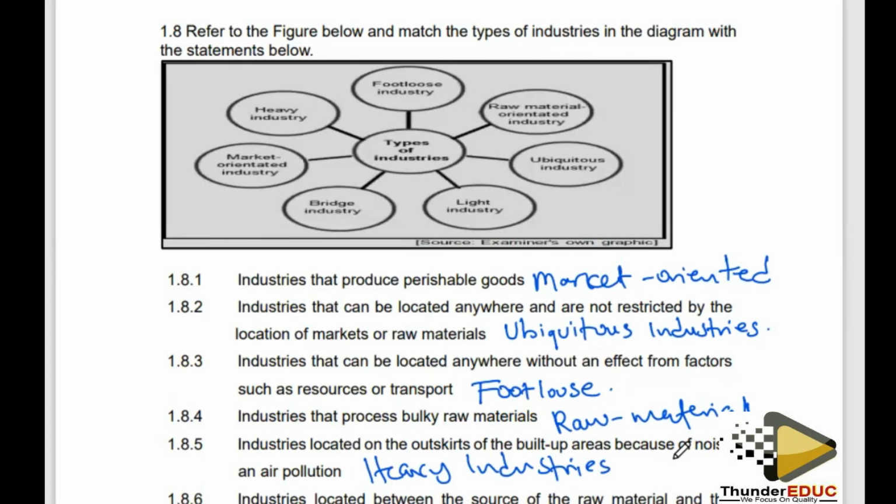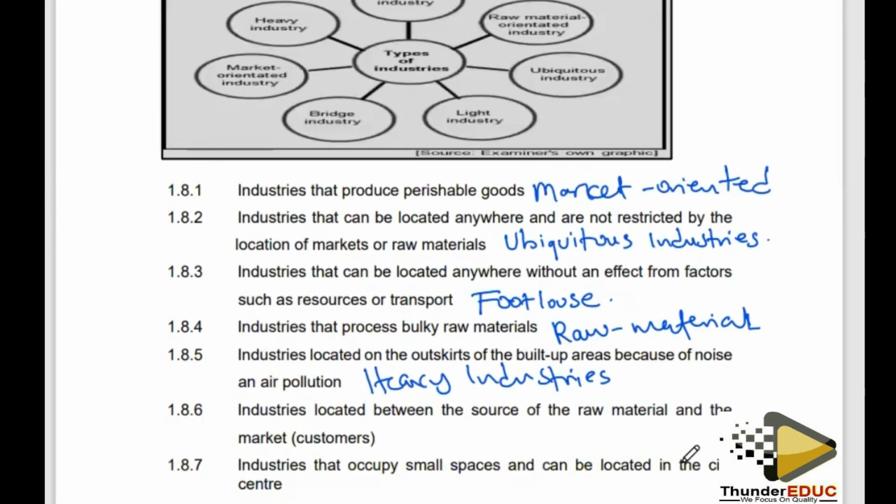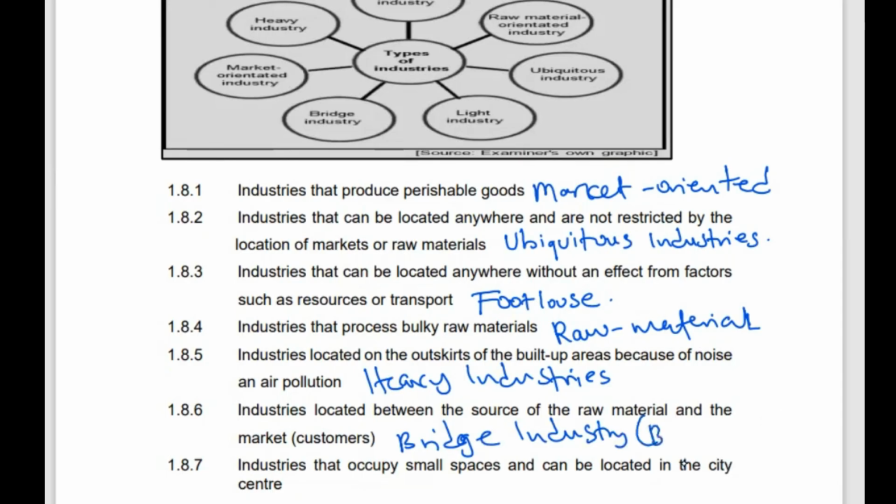And number 6, industries located between the source of raw material and market. That's going to be the bridge industry. The bridge industry, or at times they call it a break of bulk.